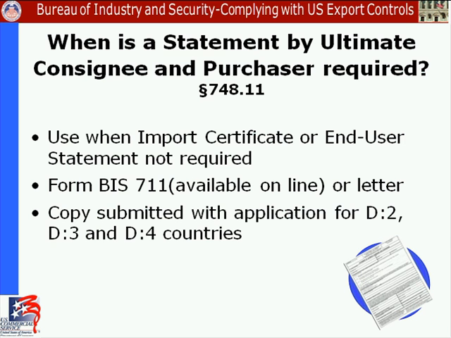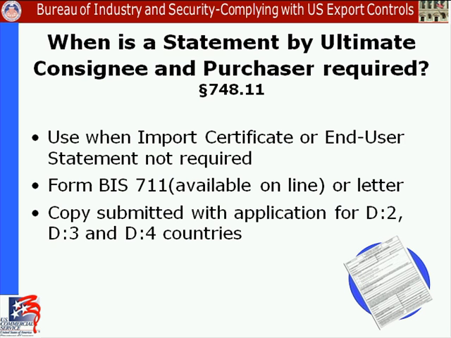Then you would need the BIS 711 or statement by ultimate consignee and purchaser. And those countries would be found in country group D2, D3, and D4. All of our country groups can be found in Supplement Number 1 to Part 740. So you want to go to Part 740, Supplement Number 1, which is near the back, and look at country group D as in David to make sure your country is not in country group D2, D3, or D4.